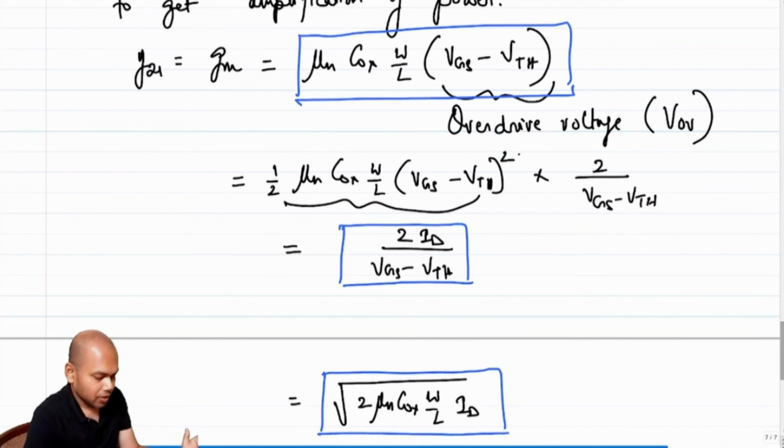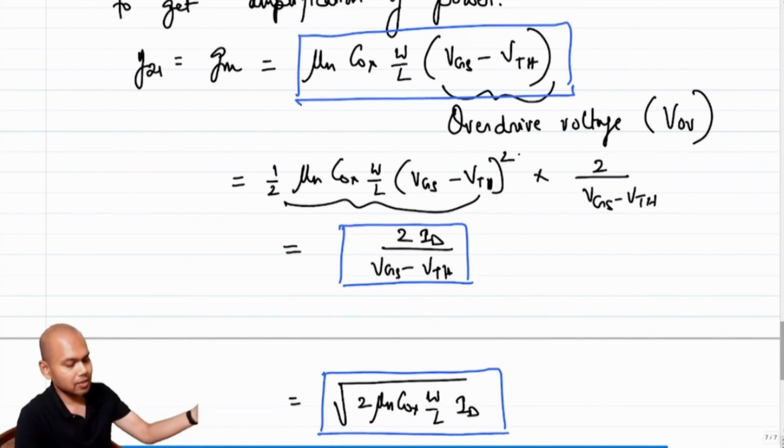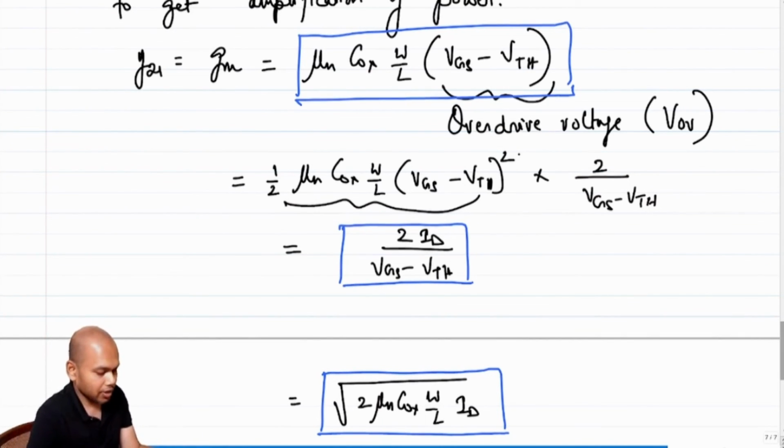And then the question arises: why does it seem like they are different? In the first equation, when I increase the overdrive, GM increases. In the second equation, I increase overdrive, the GM decreases.